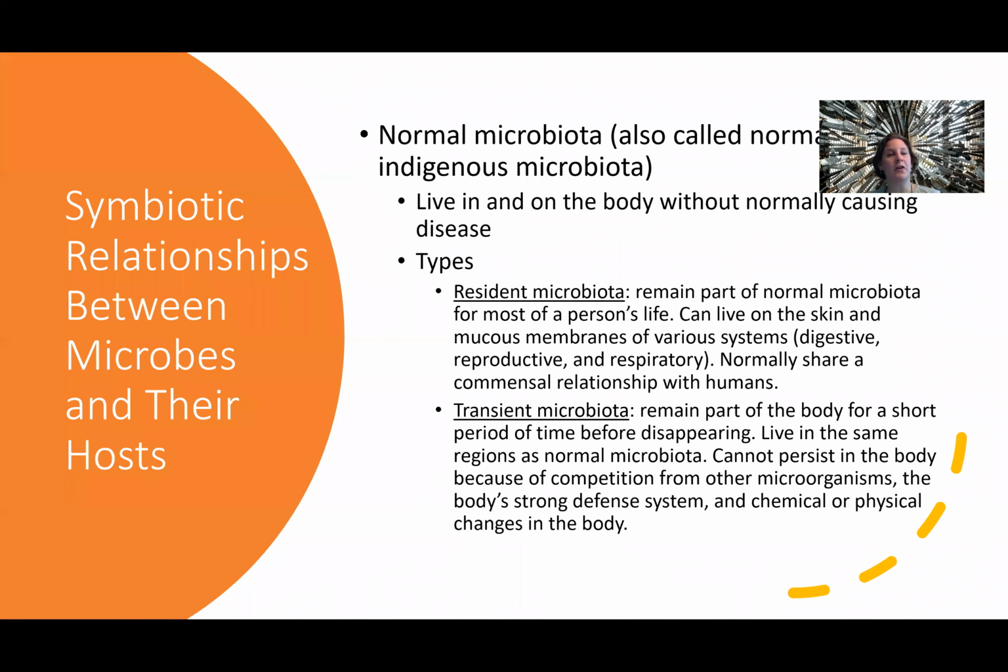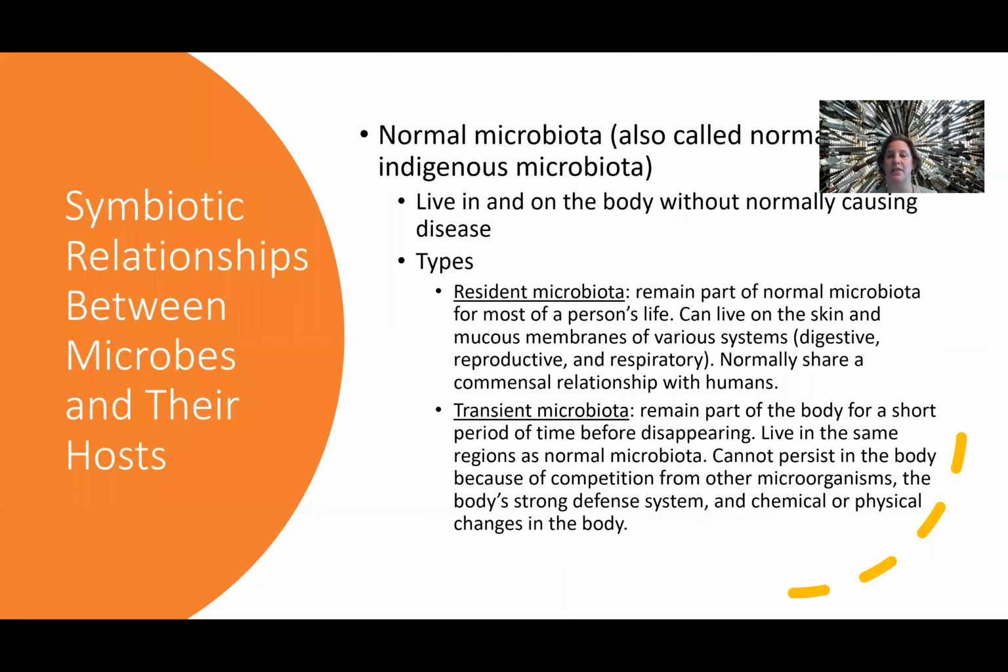So we've referred multiple times over this semester to the microbiota, which your book at times may call the normal indigenous microbiota. And these are the things that live in and on our body normally. They don't cause disease. So we have our resident microbiota, which are pretty much there all of our life.